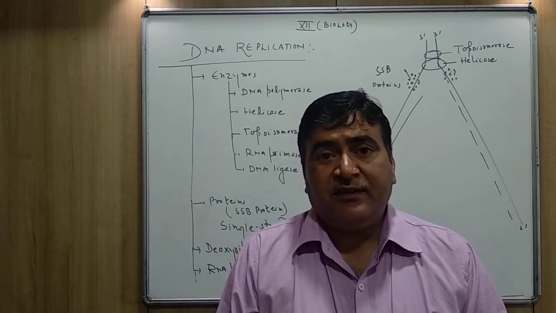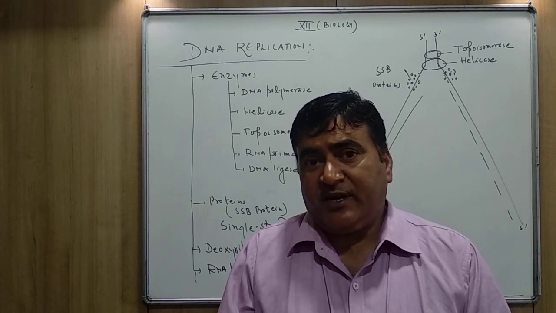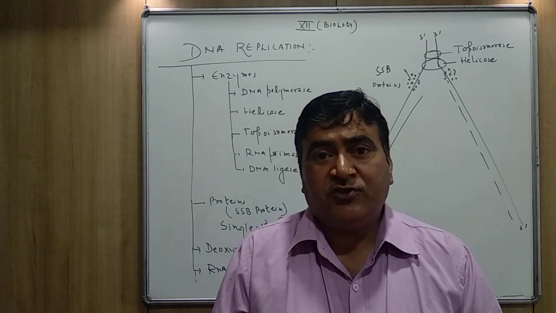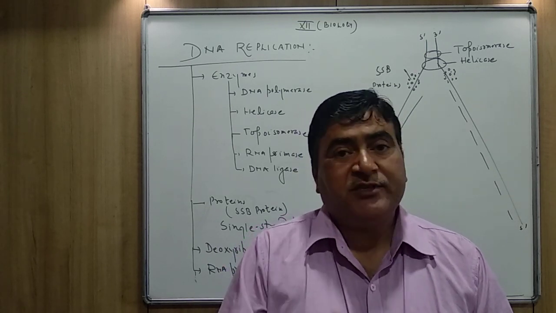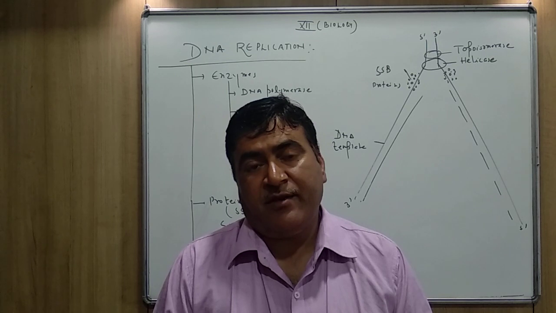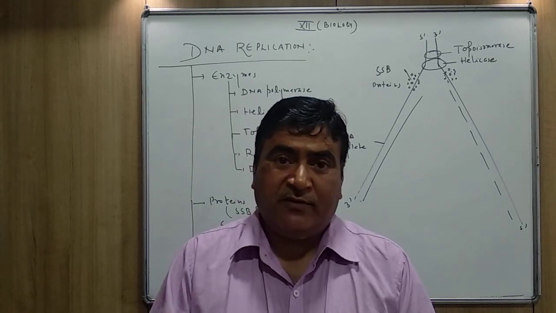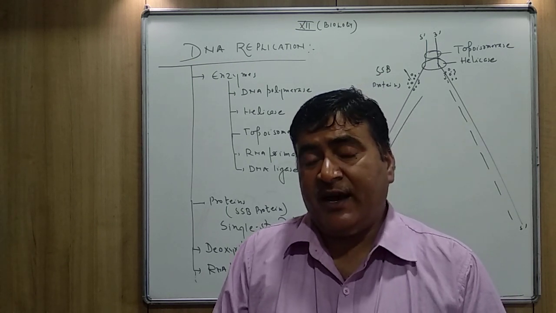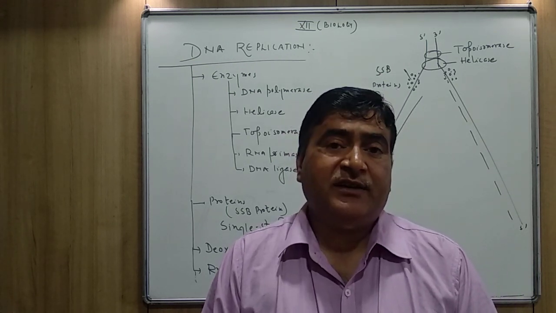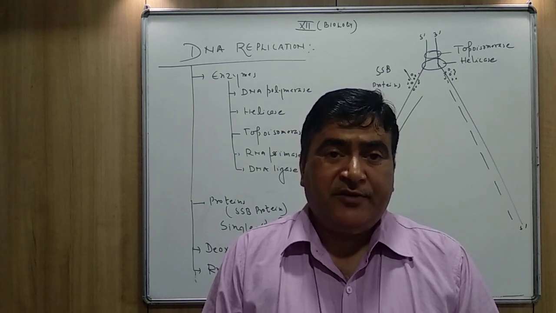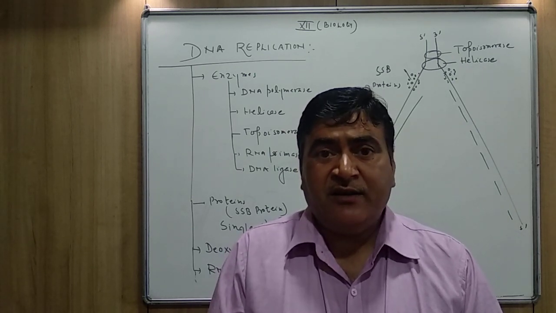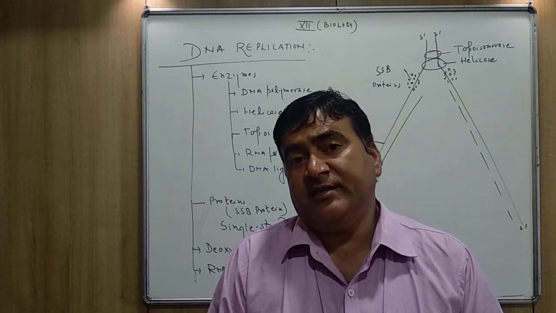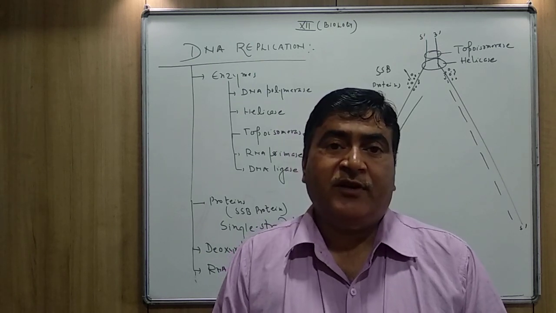The first, the deoxyribonucleoside triphosphate acts as the substrate, and it also provides energy for the process of polymerization. So it has a dual function. The first one, it acts as the substrate in the process of DNA replication, and also it provides energy for the process of polymerization.